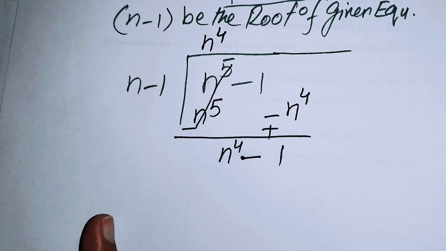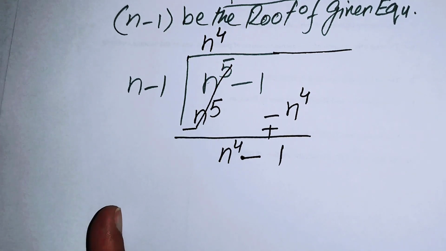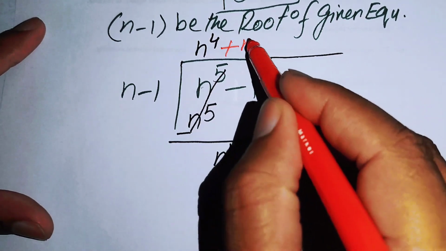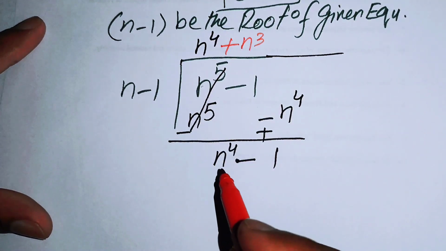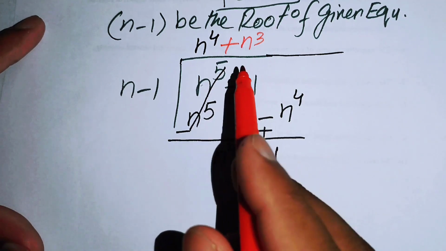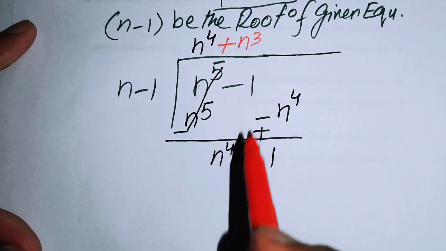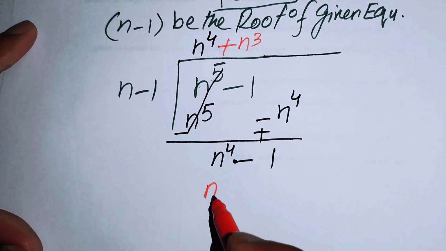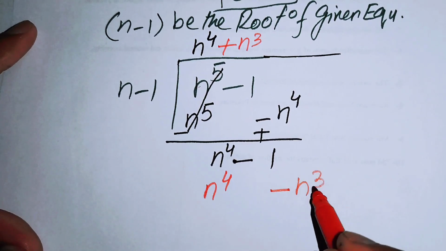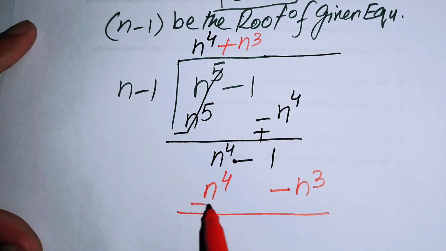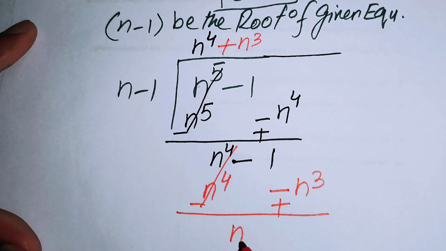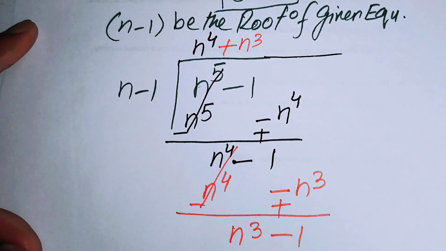And now in the next step we again multiply by n to the power of 3, because here we need to make n to the power of 4, so we multiply by n to the power of 3. So when you multiply n to the power of 3, you will get n to the power of 4 minus n to the power of 3, and now you can again subtract these terms and you see that these are gone, and here you get n cubed minus 1.